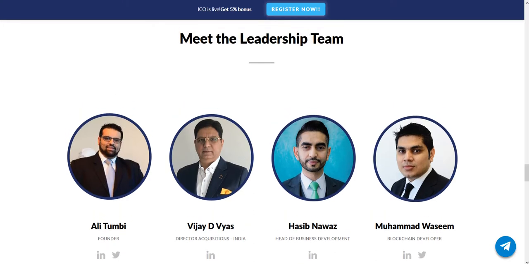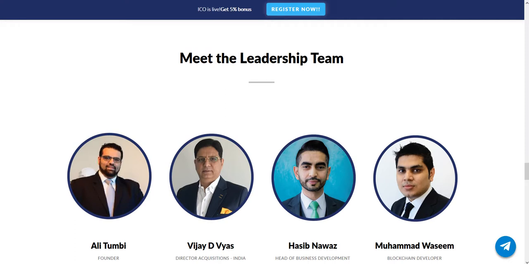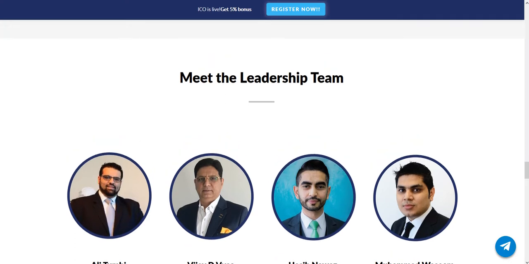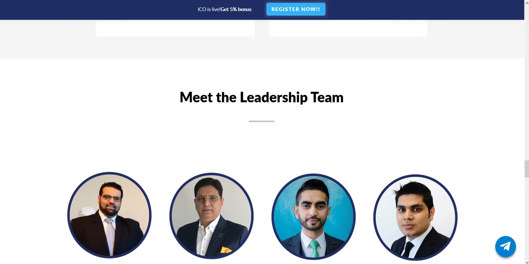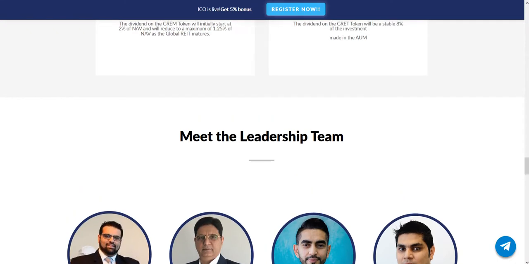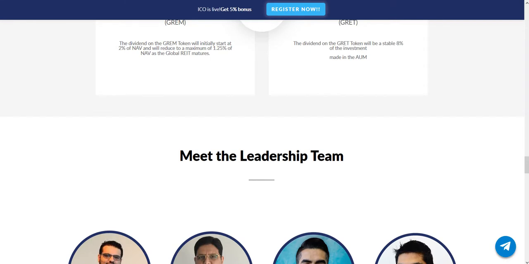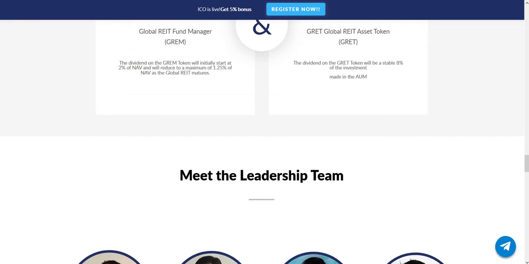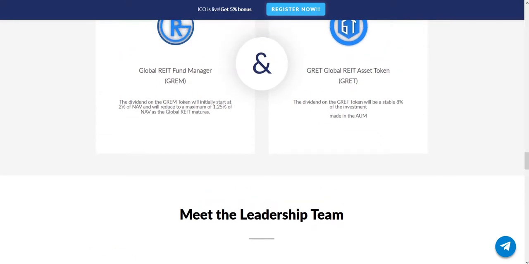Having tokens in both spheres of the business is certainly a good idea, and it does spread the risk as well as the possibility of making money. But overall, the most important thing is how they then use the investment and whether or not they can turn it into revenue.